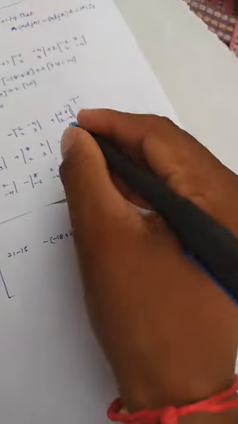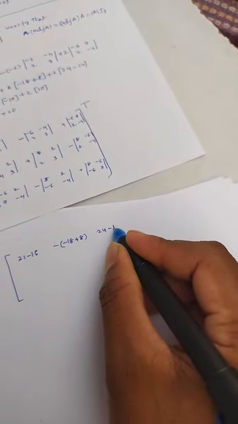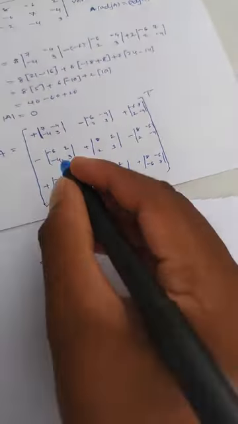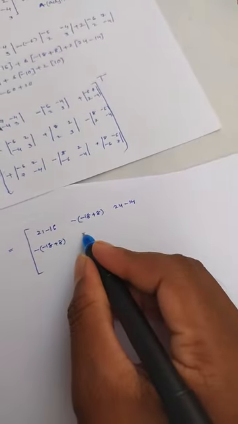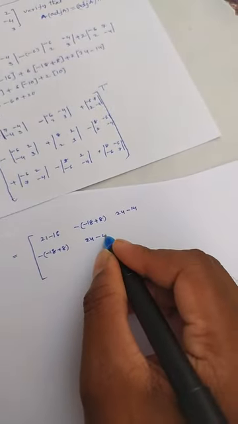Here next 6 4 is 24, minus 7 2 is 14. Next here minus of 6 3 is 18, 6 3 then 4 2 is 8 plus 8. Next here 8 3 is 24, 2 2 is minus 4.